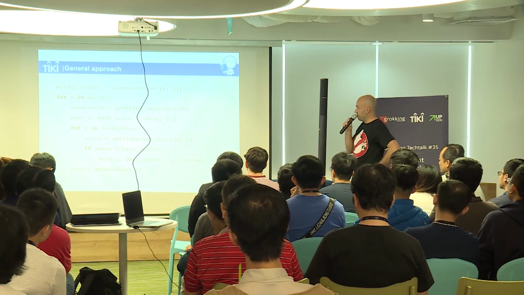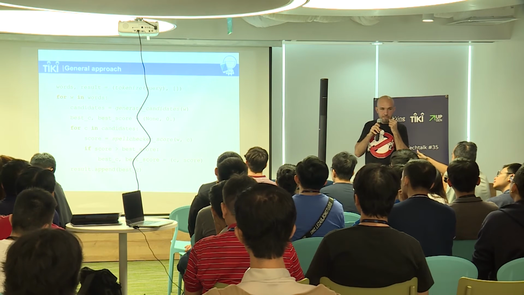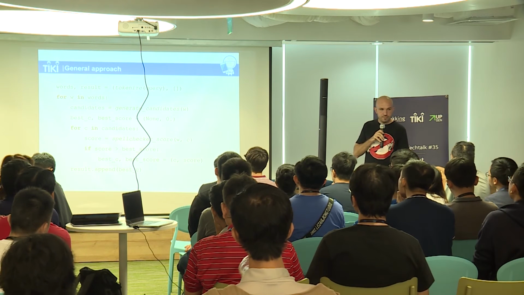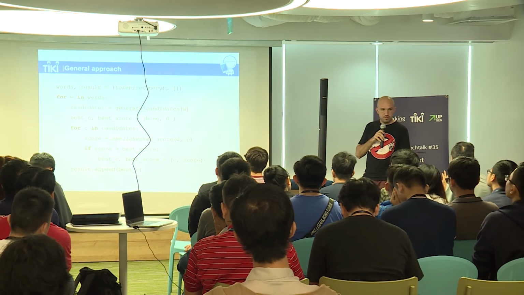Yeah. So when you generate the candidates, you will see thuốc and mắt, and the other one is kem and mắt.